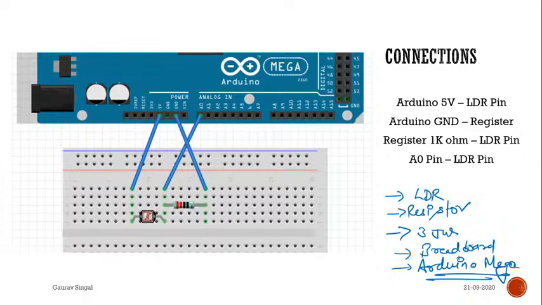So this is the LDR connection. This is one end, this is the second end. The second end is connected to the resistor. We are passing 5 volt on this side positive, and on this side negative, meaning ground. The current will flow from this side through the LDR, then the normal resistor, and then ground. In between, we are sensing the flow of current.